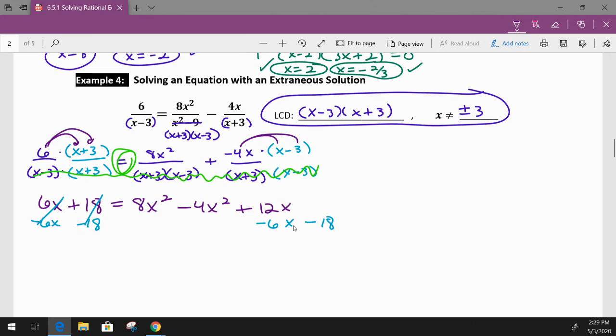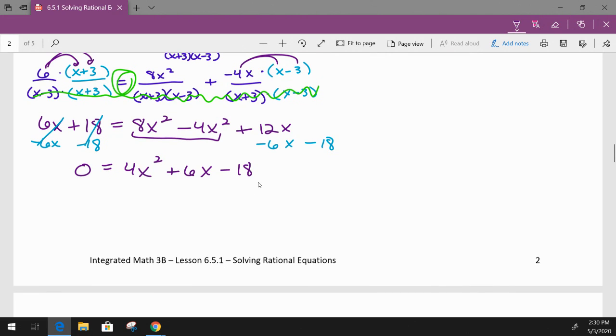I now have 0 on the left equals, now I do have a couple of like terms here. 8x squared minus 4x squared is 4x squared. 12x minus 6x is a positive 6x, and then I've got this minus 18. So once again, we can factor out a 2, leaving us with 2x squared plus 3x minus 9.